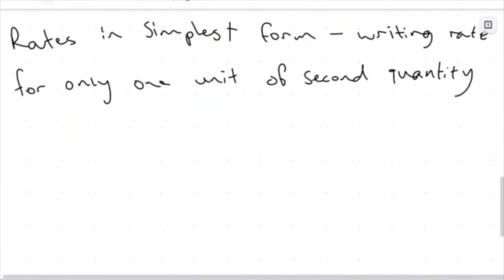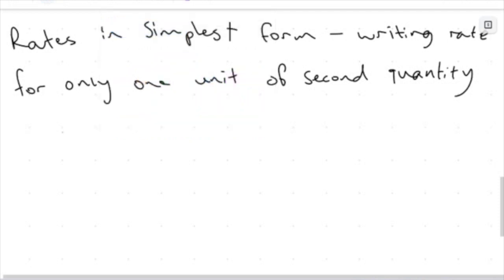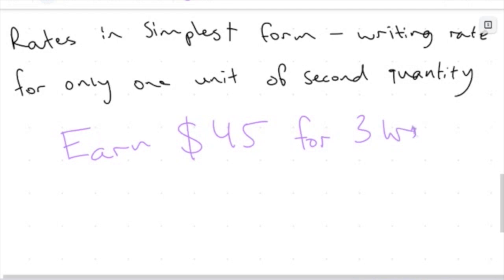Now, let's look at this and let's think about how we could convert these rates using different bits of information. So let's say, for example, someone is working at a job and they earn $45 for 3 hours of work.